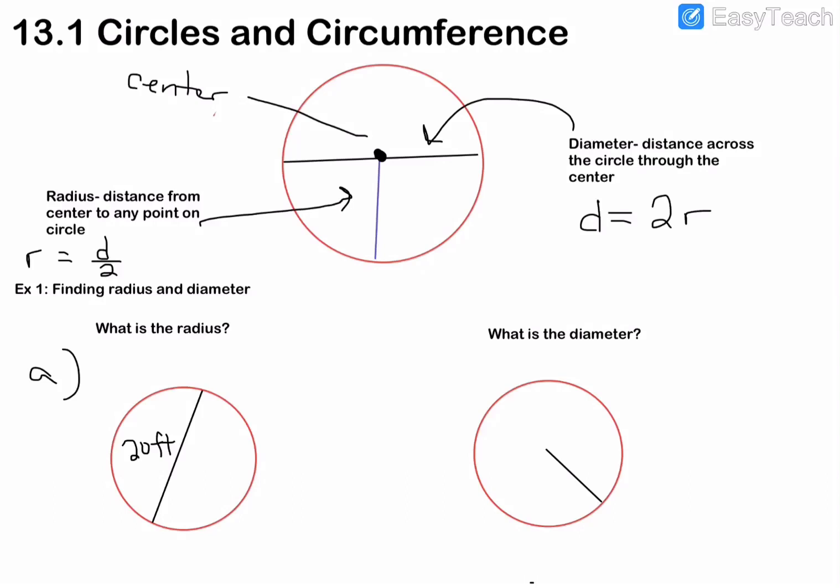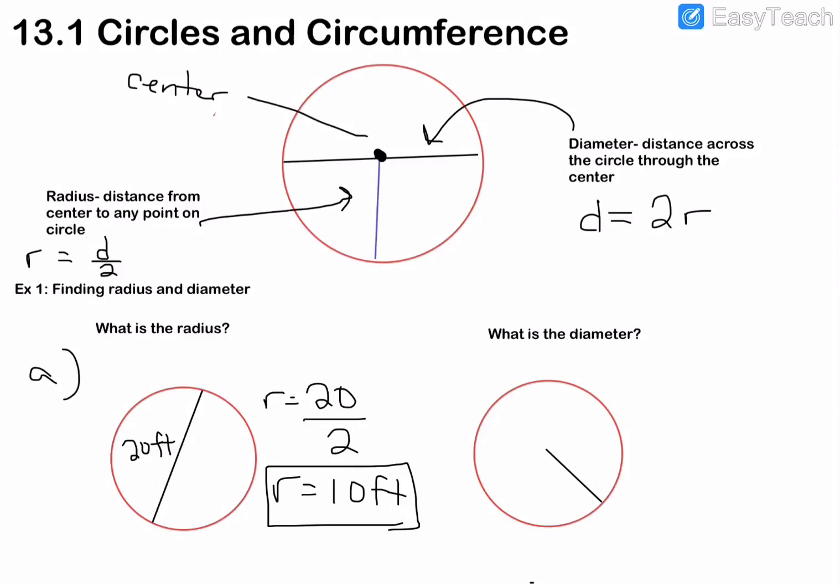In example A, the 20 feet is the diameter because it's the distance across the whole circle. So to find the radius, I would just do 20 divided by 2, and my radius is 10 feet. Simple as that.